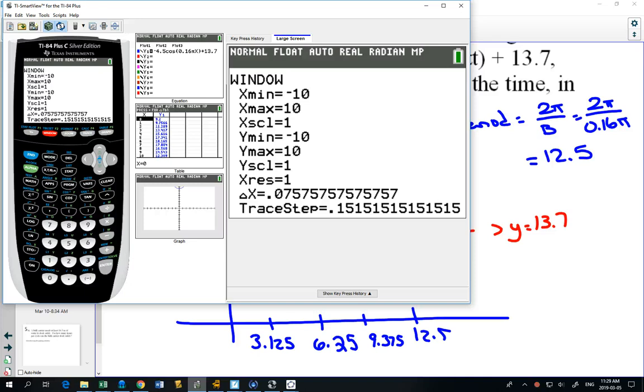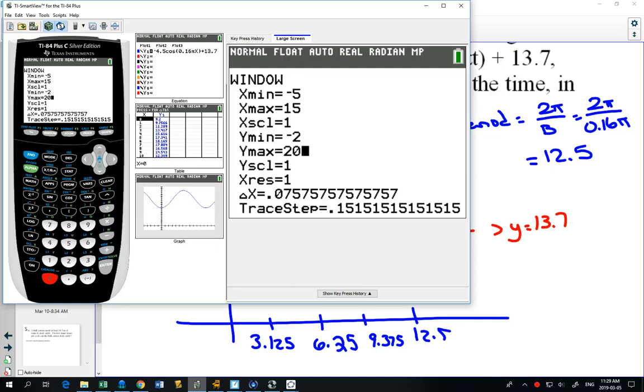So maybe I'll go from negative 5 to 15. That'll show me a little bit to the left of my y-axis and a little bit to the right of where our graph was. On our y-axis, we don't need to see a lot into the negatives. Maybe I'll just have negative 2 so I can see my x-axis. But our maximum was at 18.2, so I'm going to go up to 20 to make sure that I see it all.